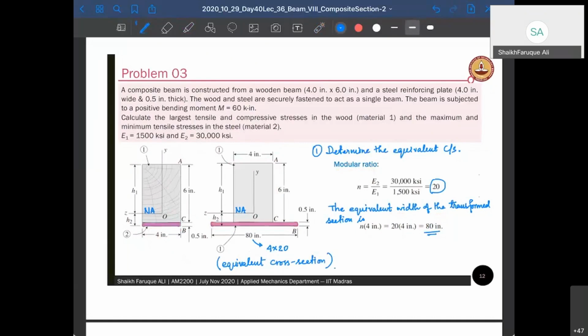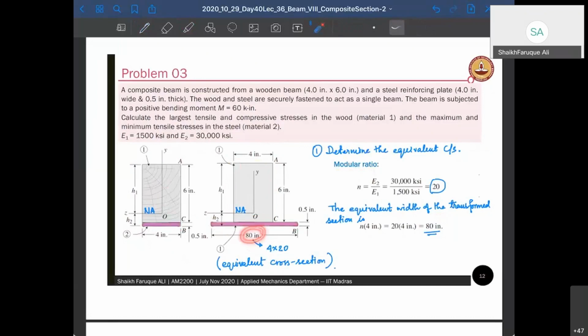So now my equivalent cross section is different. It has 4 inches in the top, which is made up of wood, and then the bottom also is now made up of wood and has a width of 80 inches.